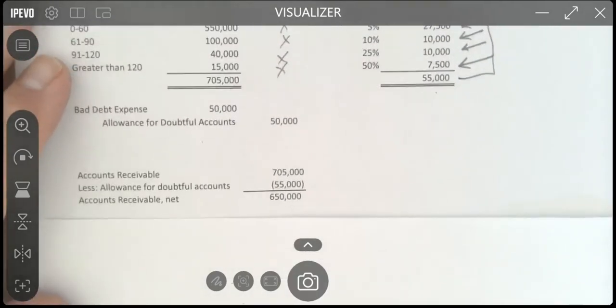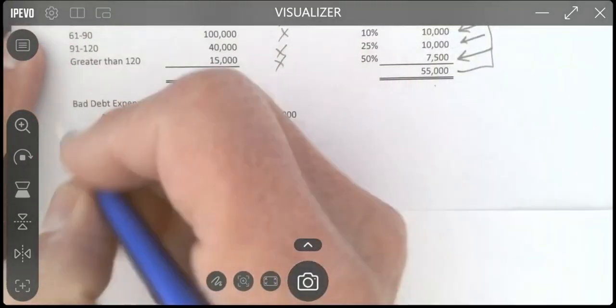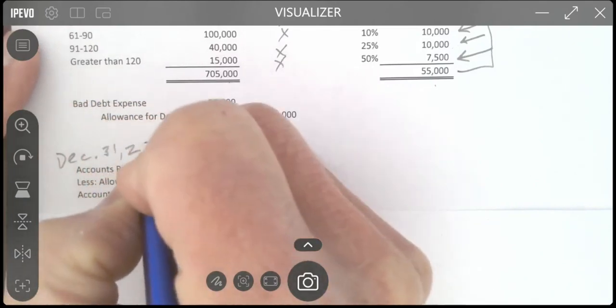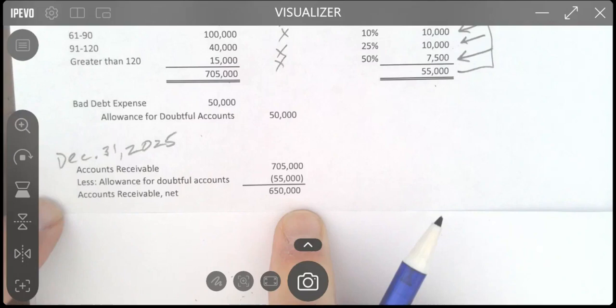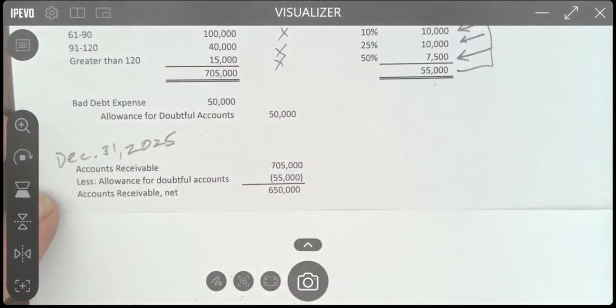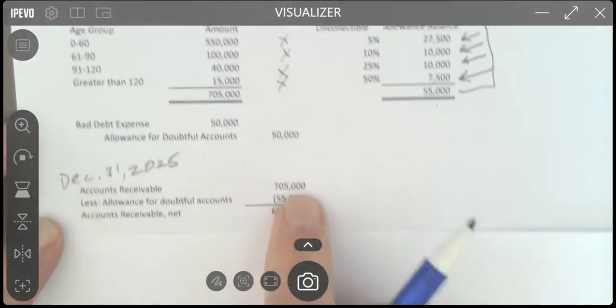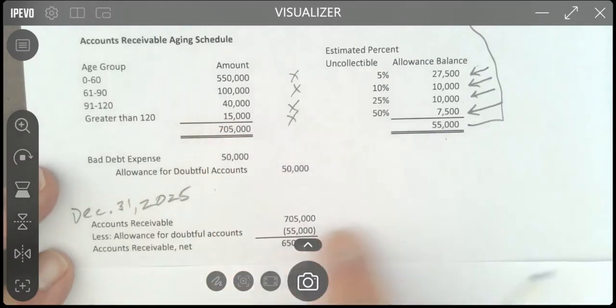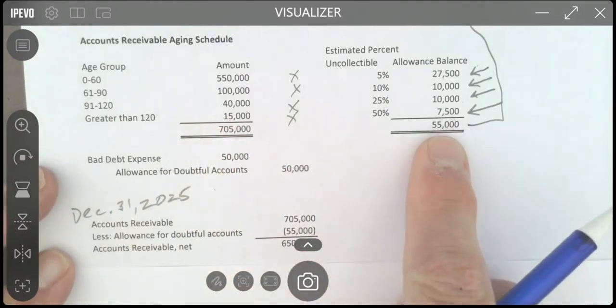Okay, and so at the end of December 31, 2025, this is what you're going to see on the balance sheet. You're going to see the amount actually owed to us of $705,000, but then you're going to see the allowance for doubtful accounts of $55,000.